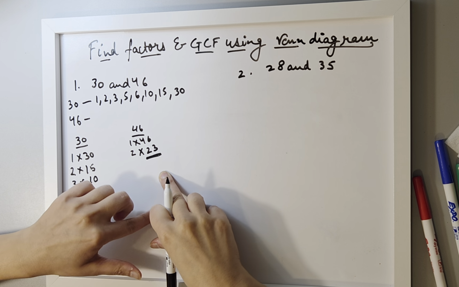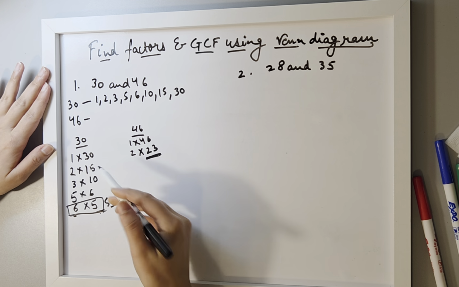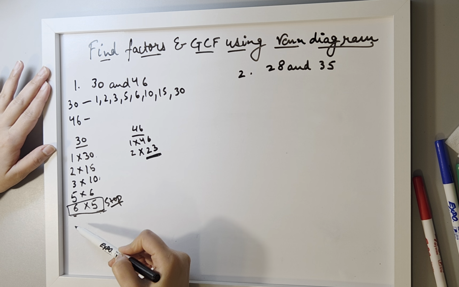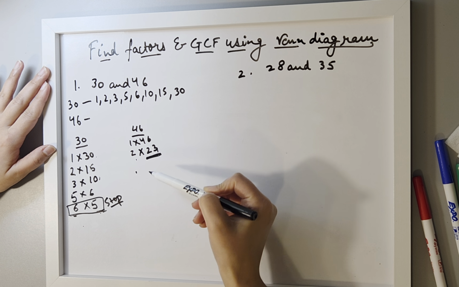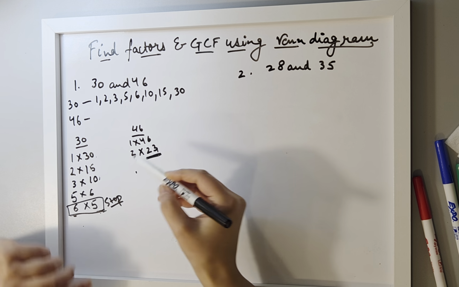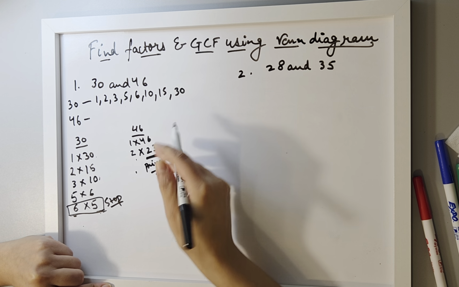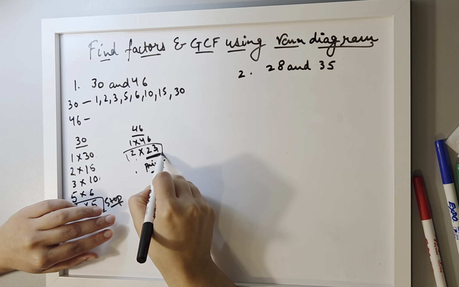It cannot be broken down further. So if we see, the right sides keep reducing and the left sides keep increasing. So if we increase this, this should be decreased to a smaller number, but 23 is a prime number, so it cannot be further reduced. Okay, so that's why this is also a good place to stop.